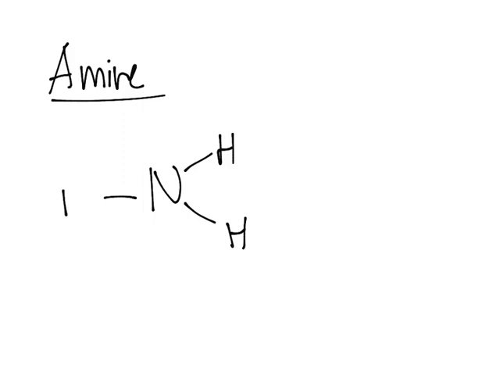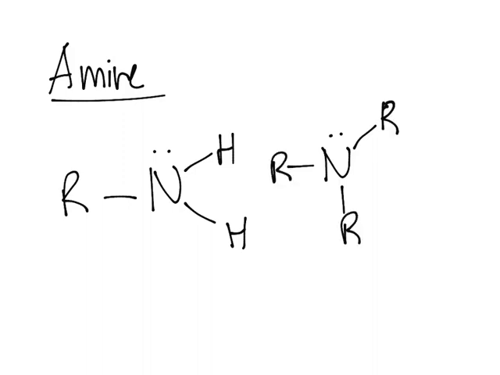An amine does not have that carbonyl there. The nitrogen could be something like this, with the lone pair. There would be no carbonyl. Or the H's could be replaced by alkyl groups, so for example, that would be an amine too. And then there's primary, secondary, and tertiary, which just designates the number of carbons coming off of it.